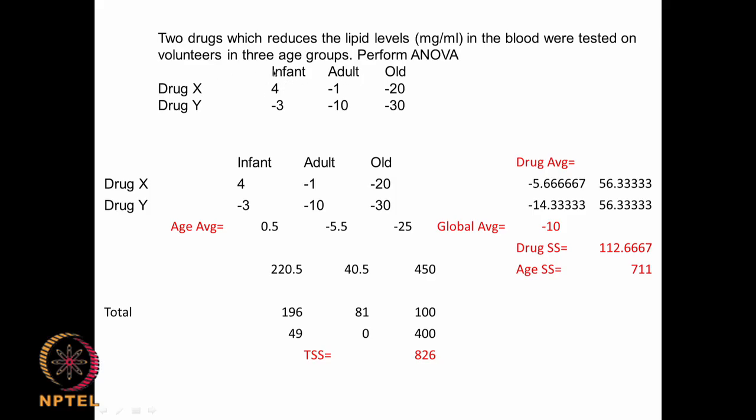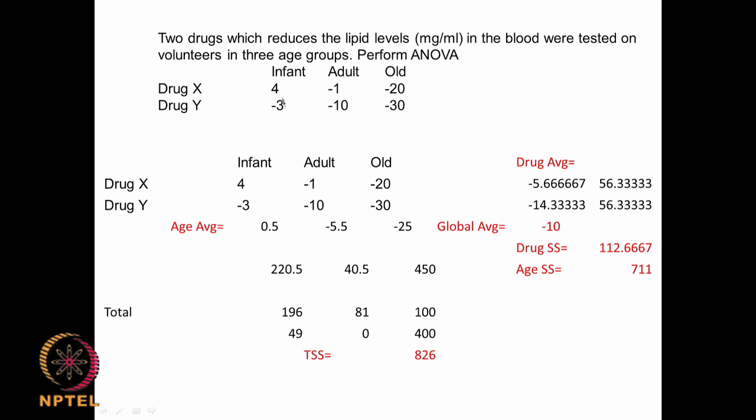So we have 3 different levels of age group, and 2 different drugs X and Y. They are supposed to reduce the lipid levels, mg per ml in the blood. So we tested on 6 volunteers, and these are the results. In some cases it reduces, in this case it increases slightly. Now you can look at it, one is related to age, another one is related to drug. Okay.